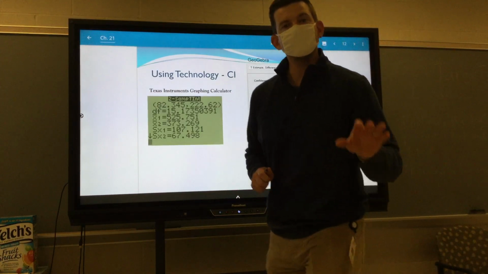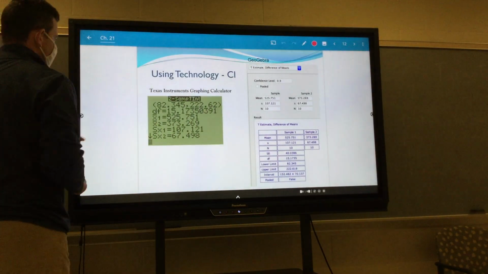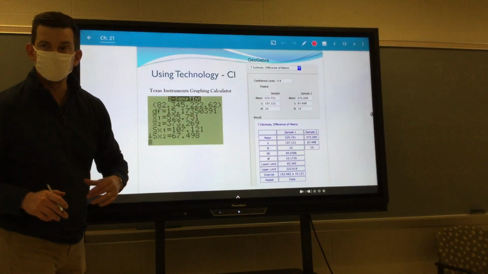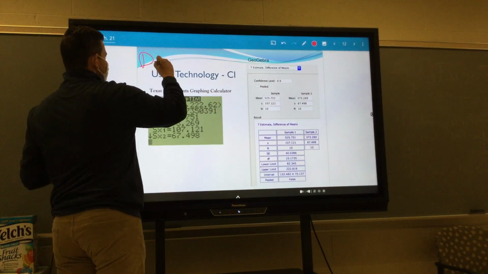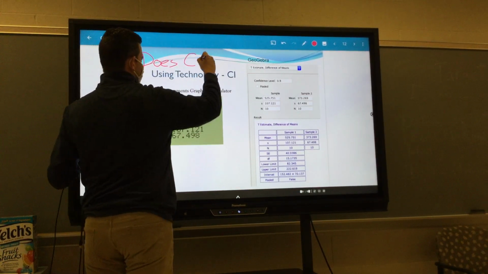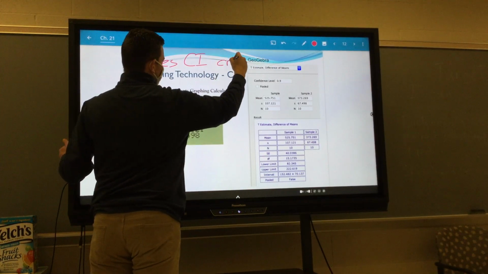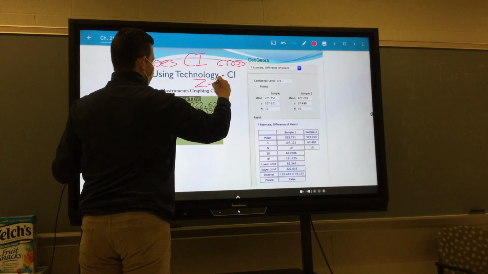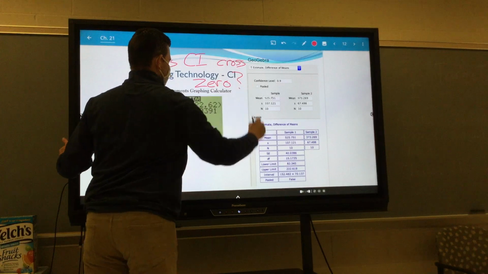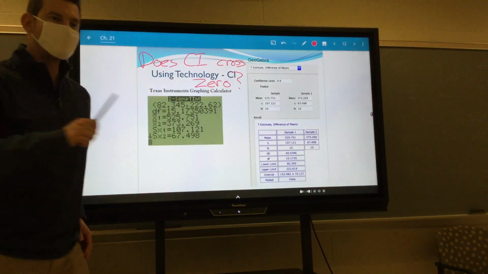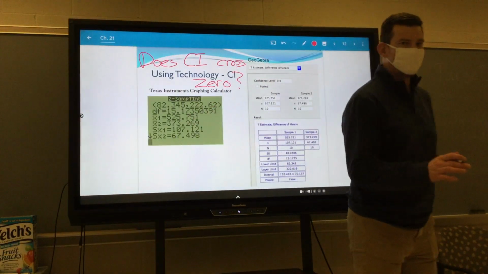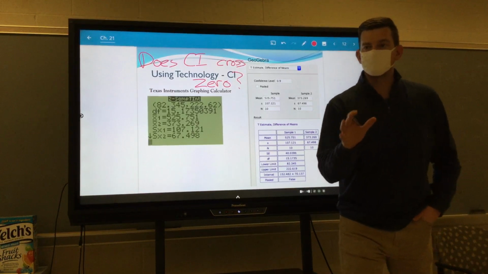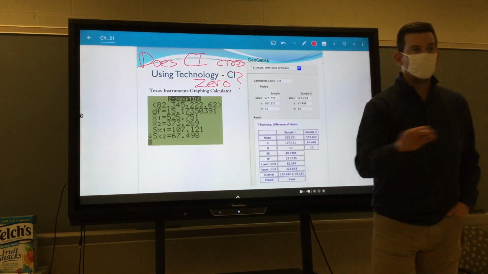What is important about a confidence interval with a difference of two means is, does the confidence interval cross 0? I said it before, and here it is again. A difference of 0 means there's no difference.